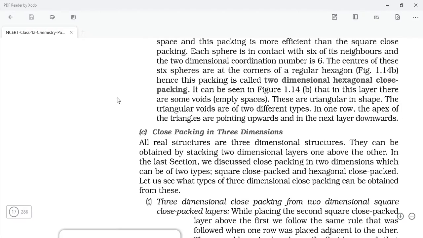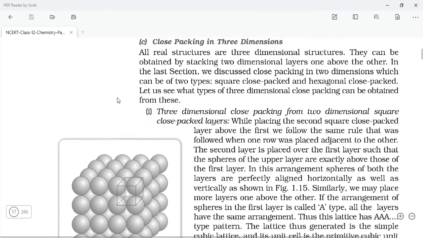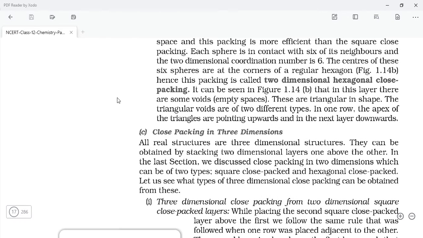Third one, close packing in 3D. In 3D, there might be so many different cases. As we go from 1D to 2D and 2D to 3D, the cases just increase, because you have different options of arranging those spheres in space, and in more space you can arrange them in different styles, so that you will have different types of structures.